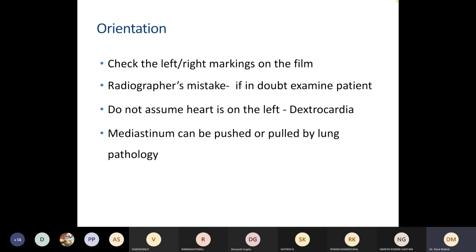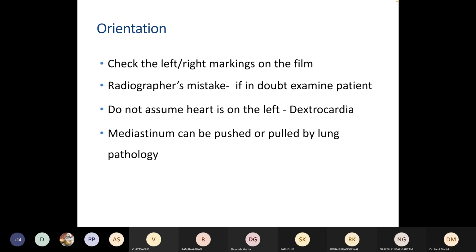Another thing is that the heart by and large is on the left side, but it could be a dextrocardia, or some pathology which is pushing or pulling the mediastinum. That is the thing that you always need to keep in your mind. And whenever you have a doubt, please don't hesitate in examining the patient.